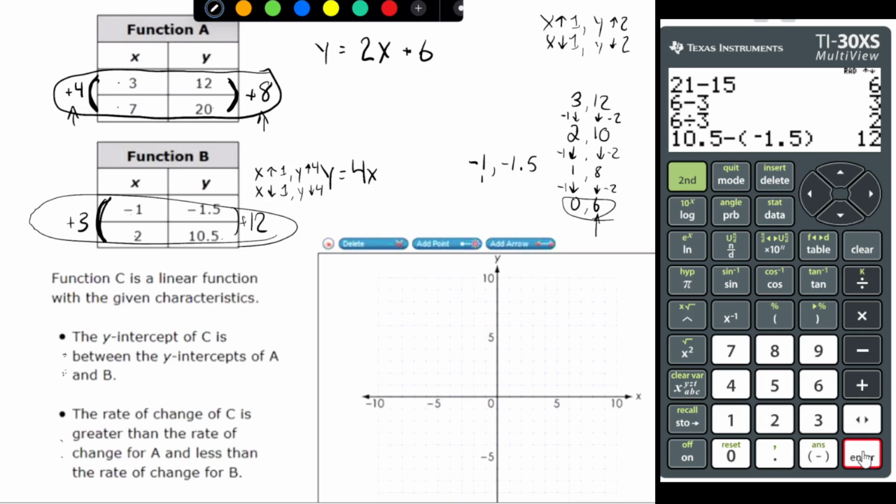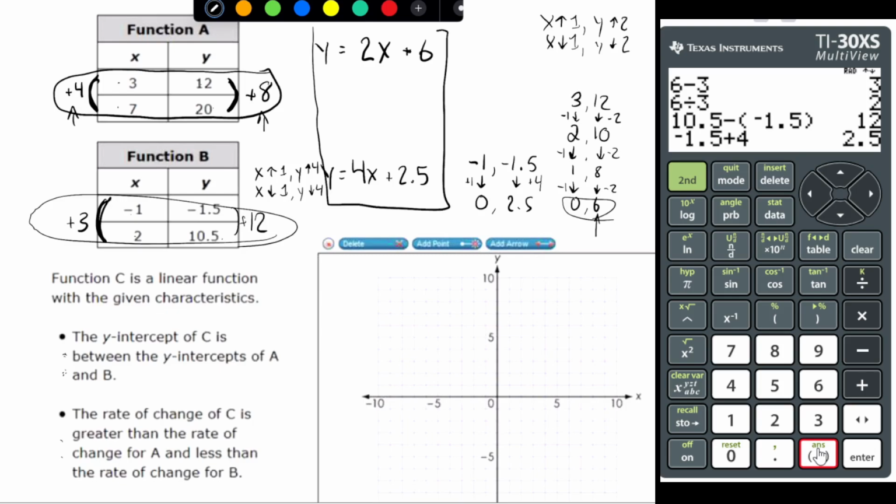To get to 0, we have to add 1. So we're going to add 1, which means here we're going to add 4. -1 plus 1 is 0. And -1.5 plus 4 would be 2.5. So our y-intercept is 2.5. So we found our two equations. Okay? These are our two equations.